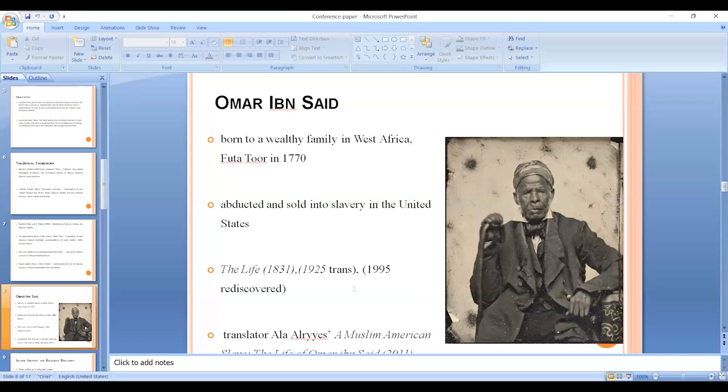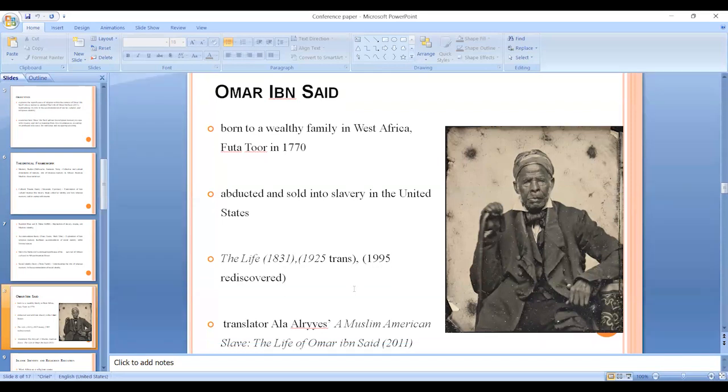And the text that I am dabbling with in this study is translated by Ala Alryyes, whose book is titled A Muslim American Slave: The Life of Umar ibn Said. Umar ibn Said was sold to owners living in South Carolina first.